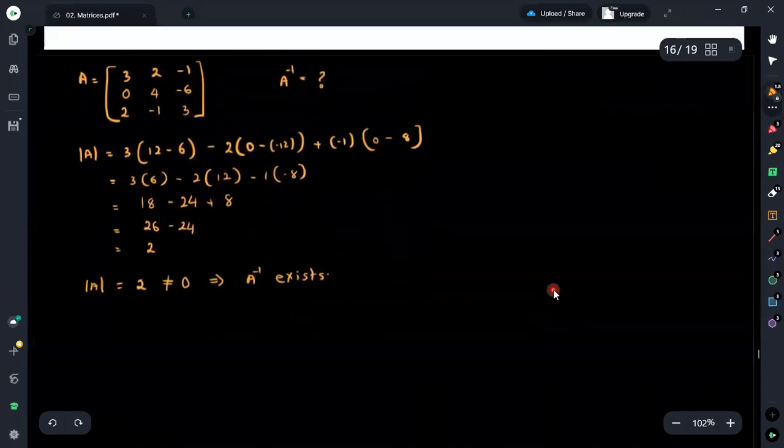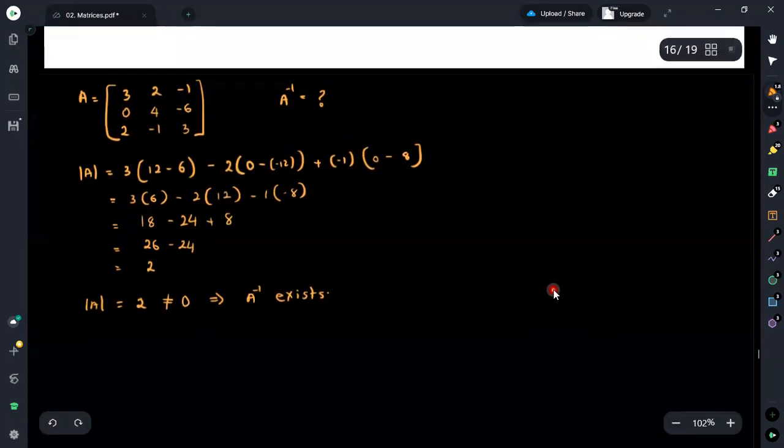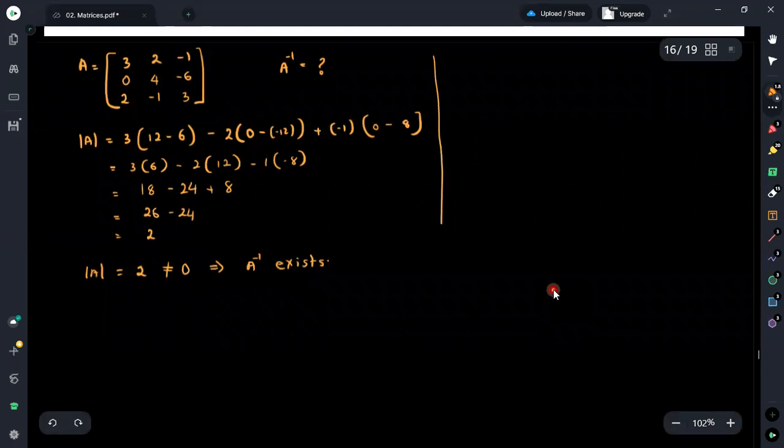Since the A inverse exists, we now have to find the adjoint of the matrix. Therefore, if I write down the calculation here, first we need to take the minors M11, M12.